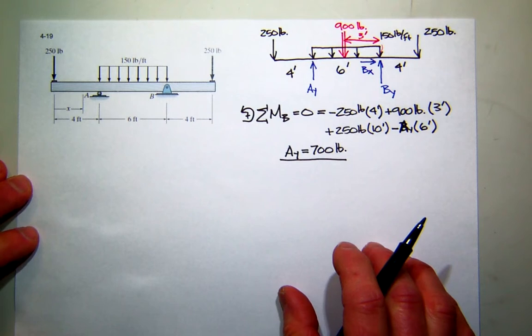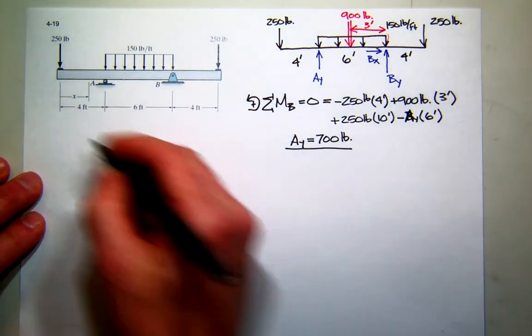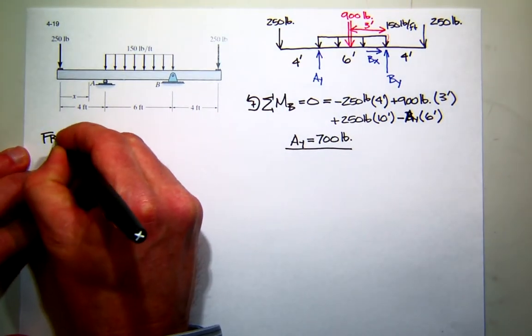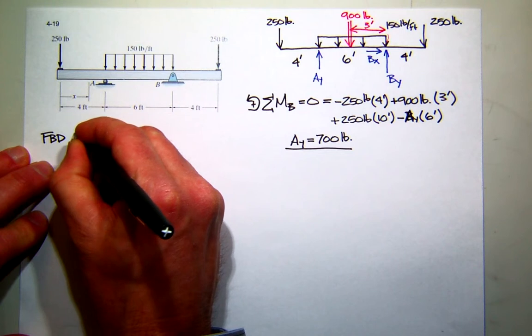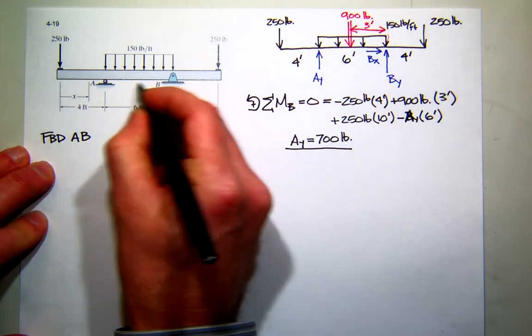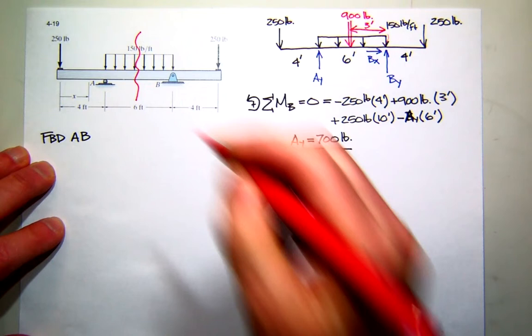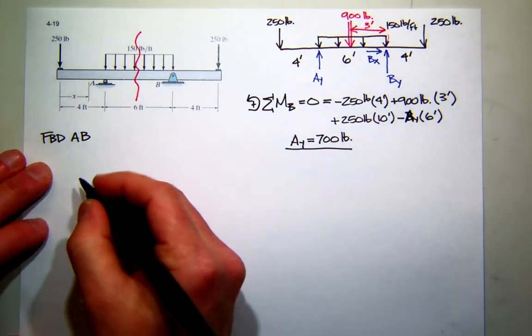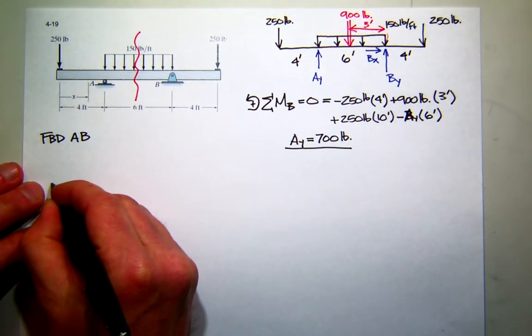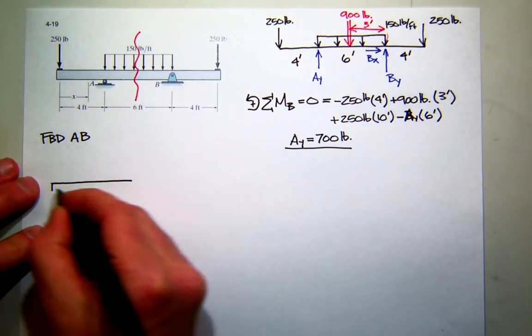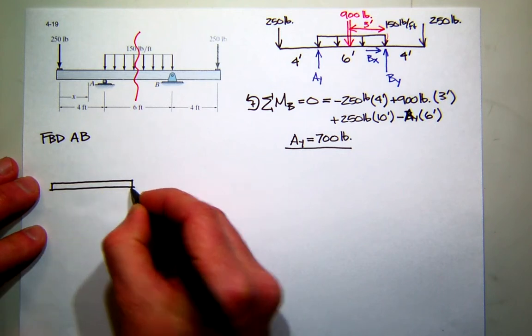So now I'm ready to do my free body diagram for the section between A and B, cutting it right here. Let's draw that. So again, I'll give my beam some depth.